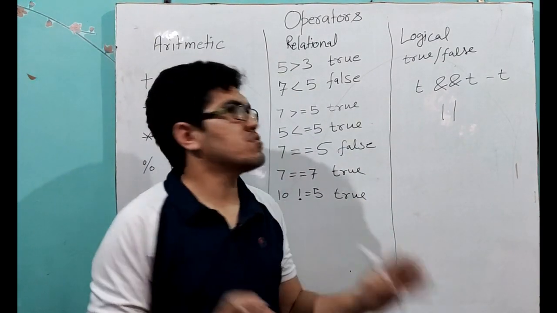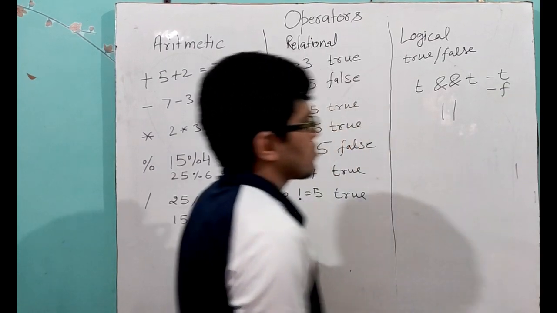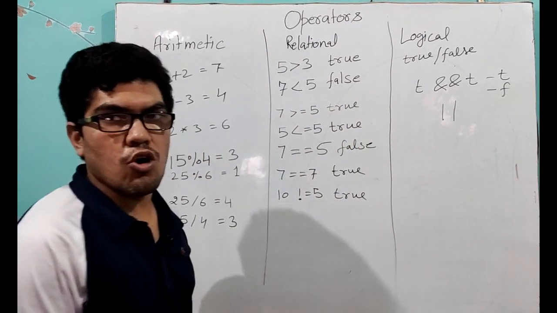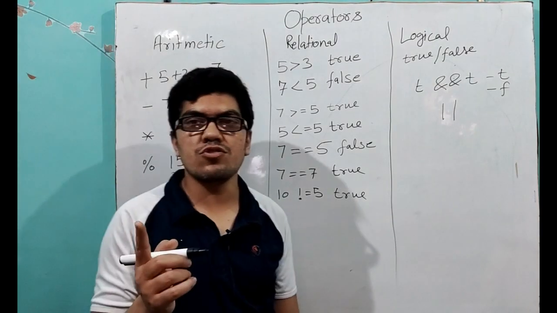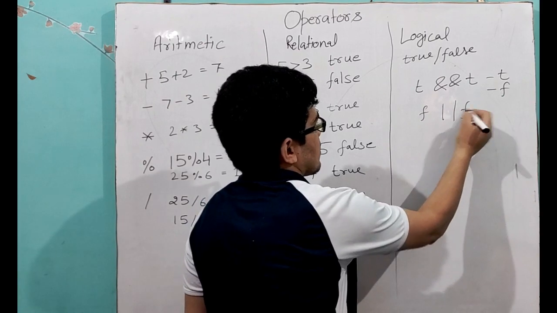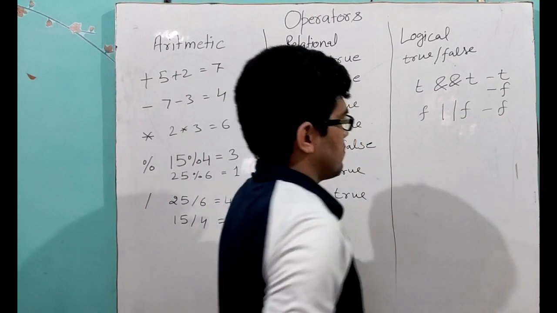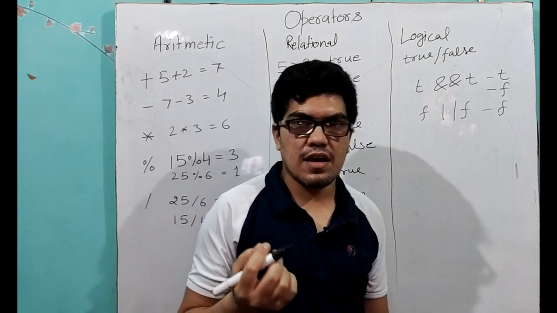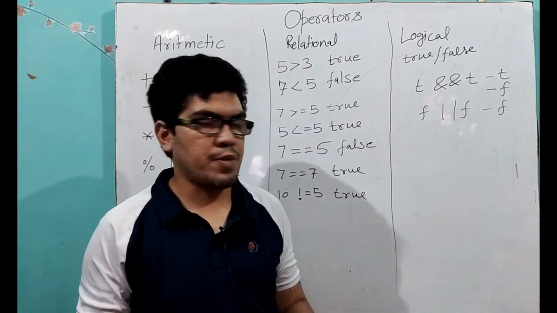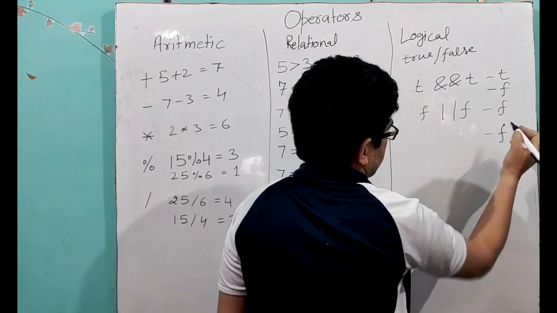Otherwise it gives false. Whereas the OR operator will give you false when both operands are false. Otherwise, if any operand becomes true, then the answer will be true.